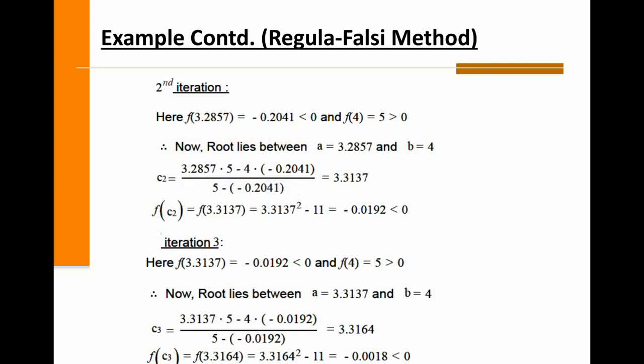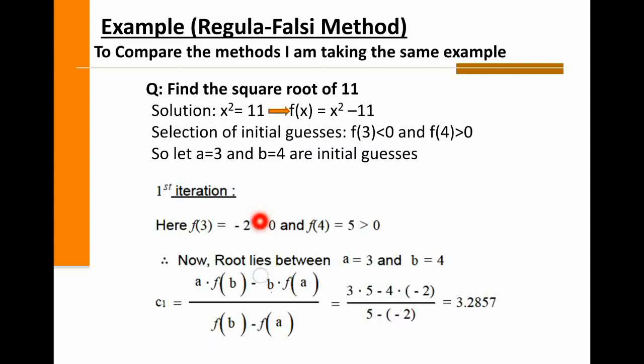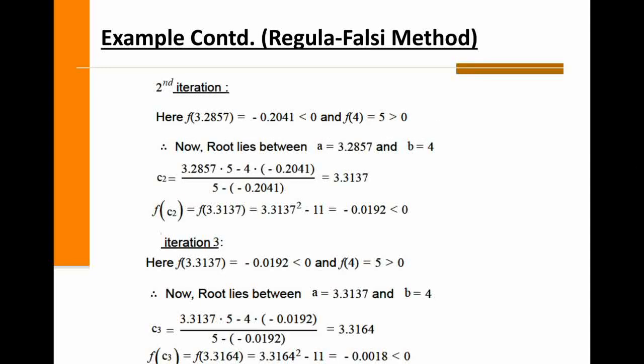So what to do? The previous negative value is at 3. At 3 the function's value is negative. So replace 3 by 3.2857 in your second iteration, right? So this is your negative value and this is your positive value. Again find C2. Clear?